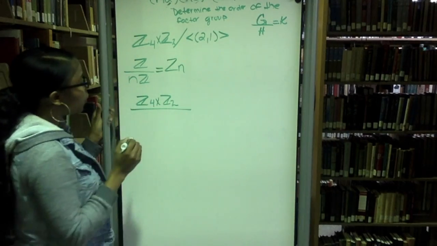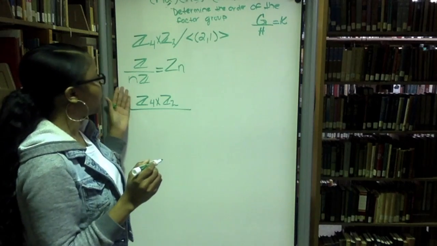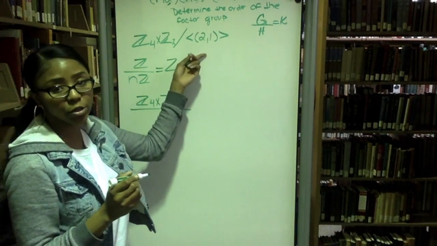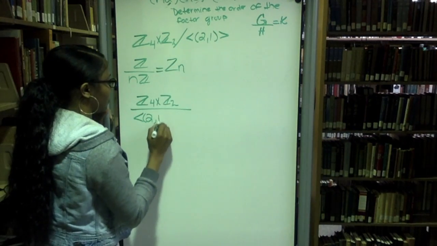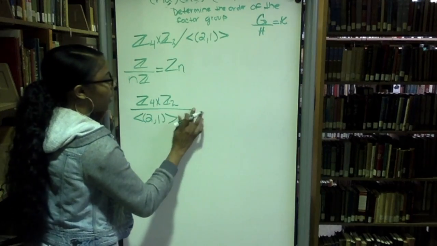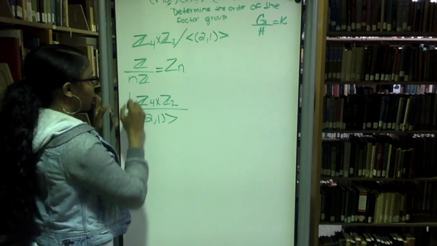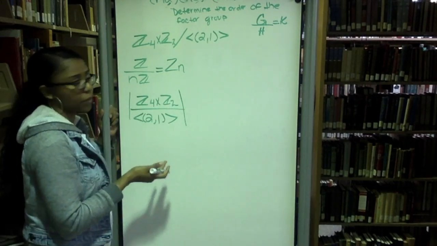So we're going to put it into our formula. Then we know that our cyclic subgroup generated by N is coming from our subgroup here, H. And then this is going to equal to our Zn. To find our order, we're going to find the order of each of these separately.